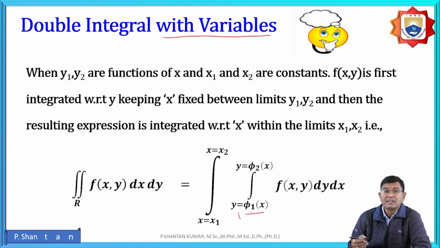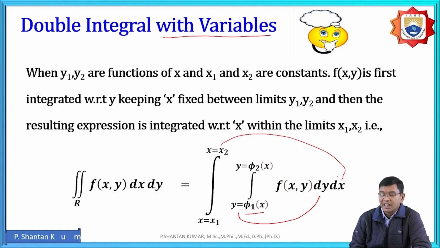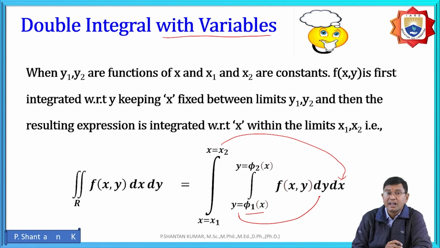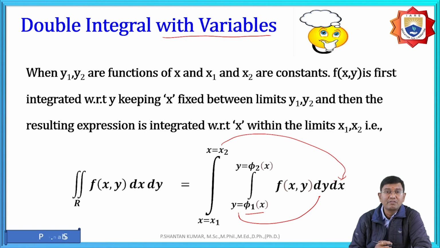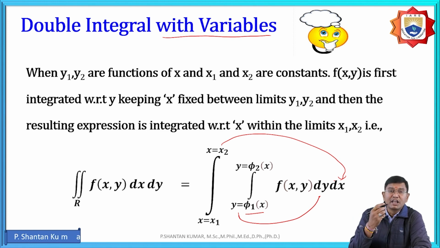That means the limits are in terms of x, so we need to assume that y, then integrate with respect to dy. And again after that, you need to calculate with respect to x. We need to observe that properly. Whenever the limits are given in terms of x, we need to assume that those are the limits for y, and integrate with respect to y, and after that calculate with respect to x only.